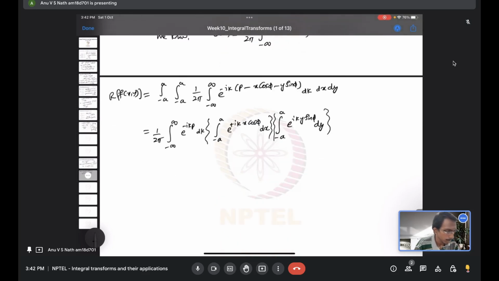The outer integral stays there, e raised to minus ikp dk.